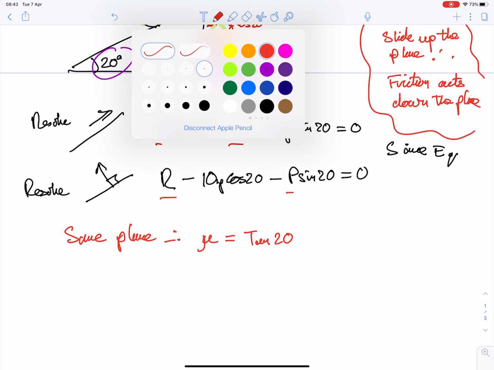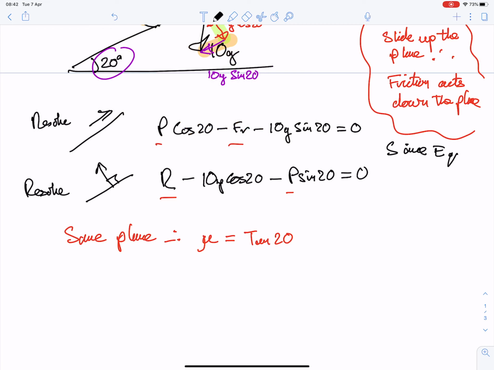So we're going to be able to use friction, so on the point of slipping, we can use our friction is equal to mu R. Okay, so mu we know is tan of 20. We can substitute in for that, tan of 20, R. Well, where's R going to come from?